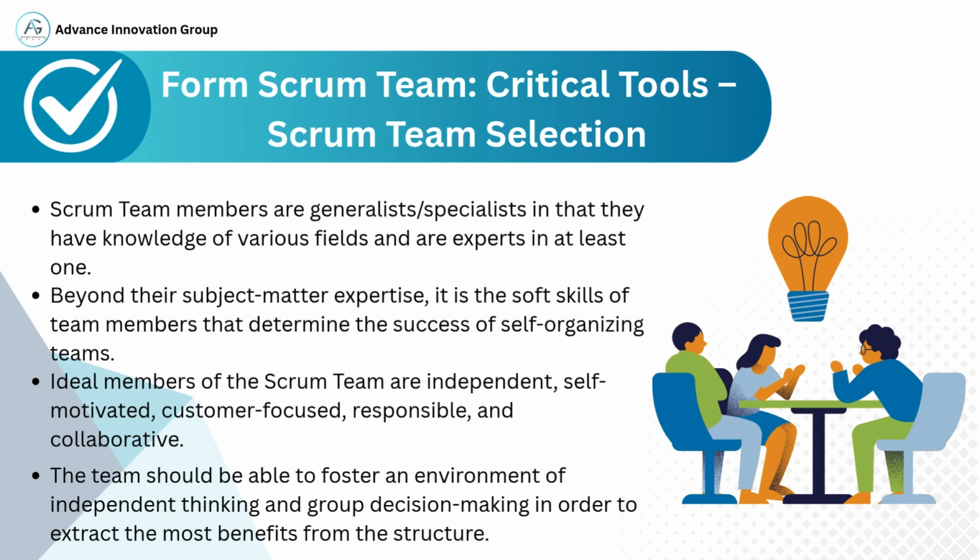The ideal Scrum team members should be independent in their work, self-motivated to take initiative, customer-focused in their mindset, responsible for outcomes, and collaborative in their working style. Also, the team should promote independent thinking and group decision-making, which are essential for extracting the full benefits of the Scrum structure.